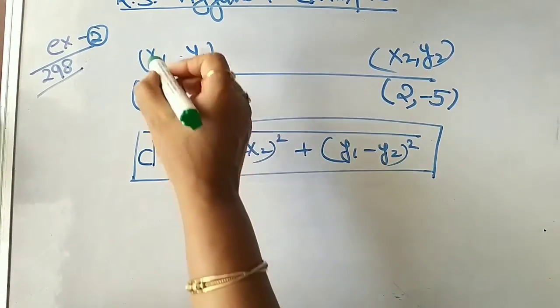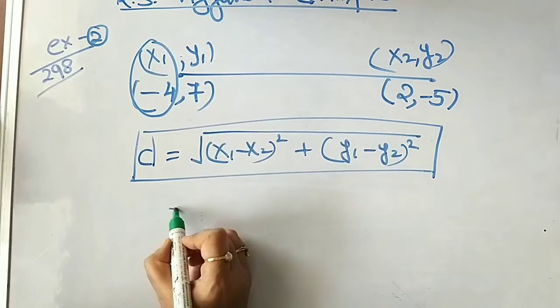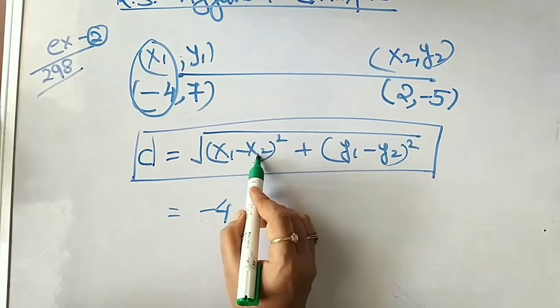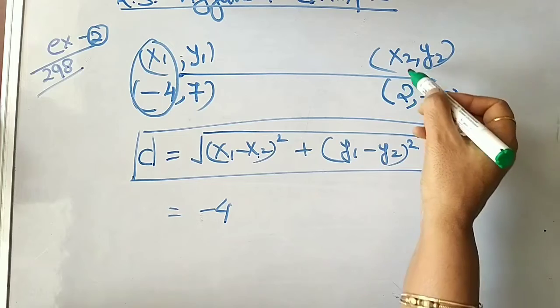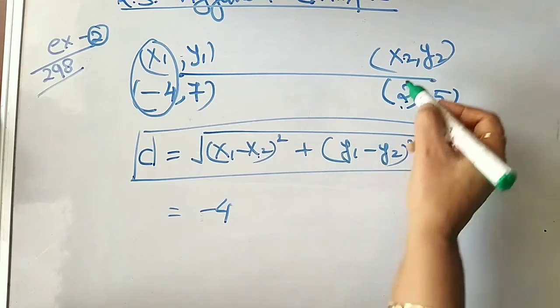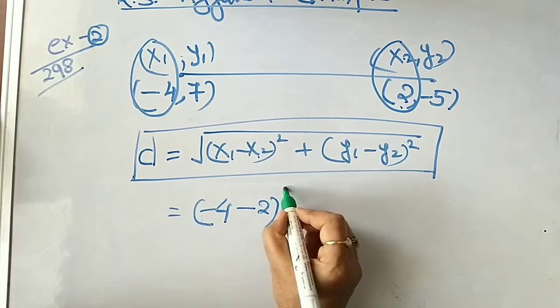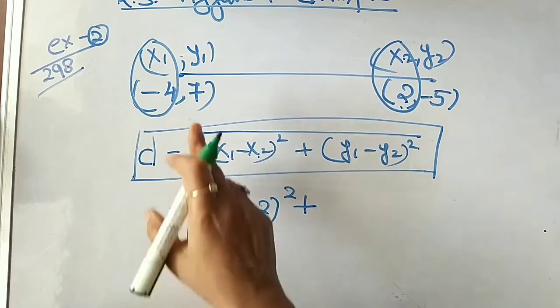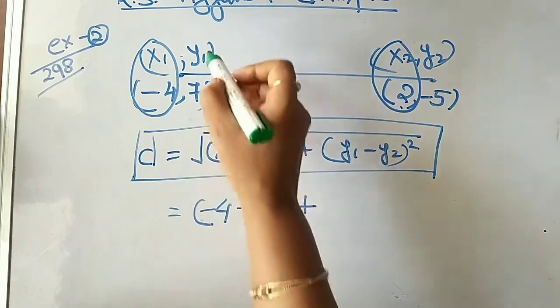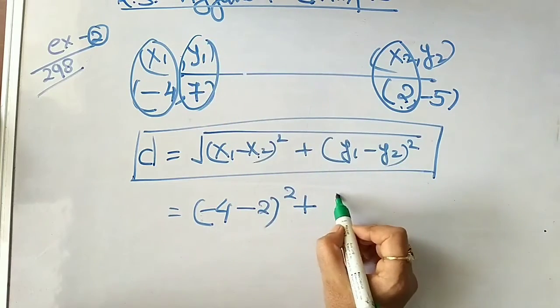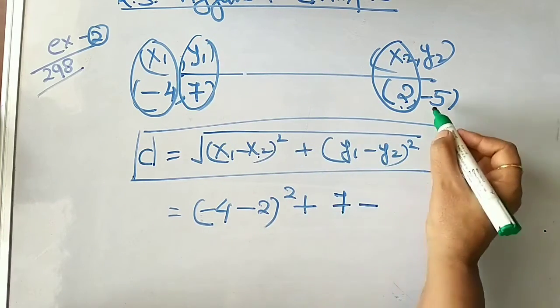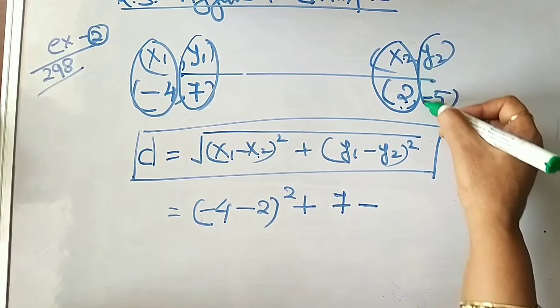If I compare, my x1 is -4, and what is my x2? You can see x2 is 2. So minus 2 square plus y1, which is 7, minus y2, which is -5.